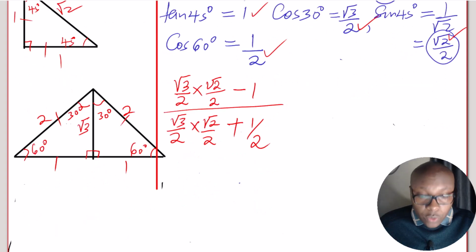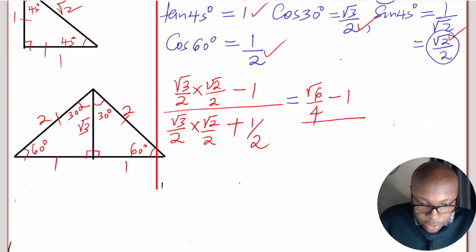So once we have substituted, now we can multiply out these. So this is what you're going to have. This will be root 3 multiplied by root 2, which gives root 6 divided by 2 times 2, which is 4. Then minus 1, divided by root 3 times root 2, which gives root 6 divided by 2 times 2, 4.